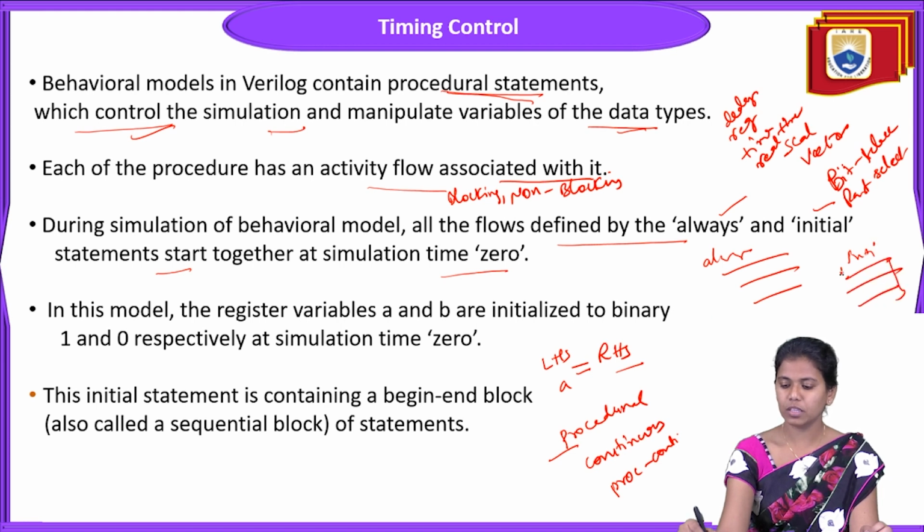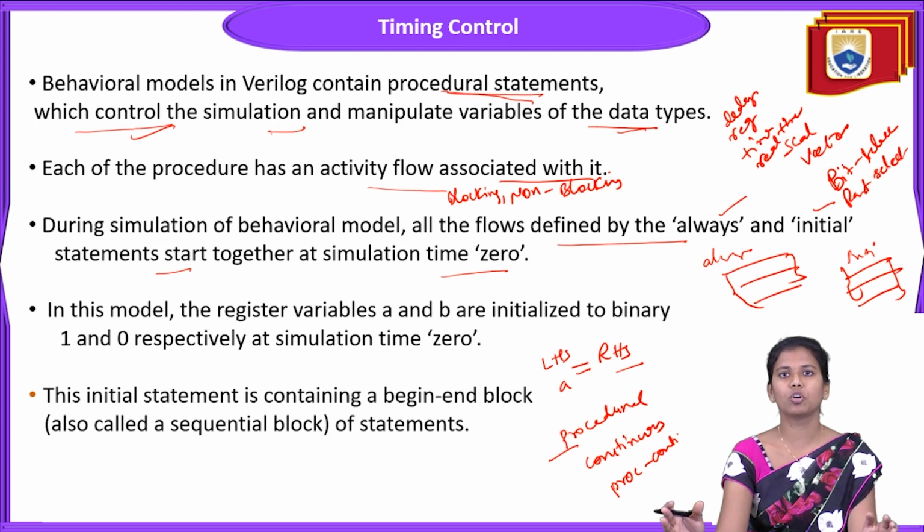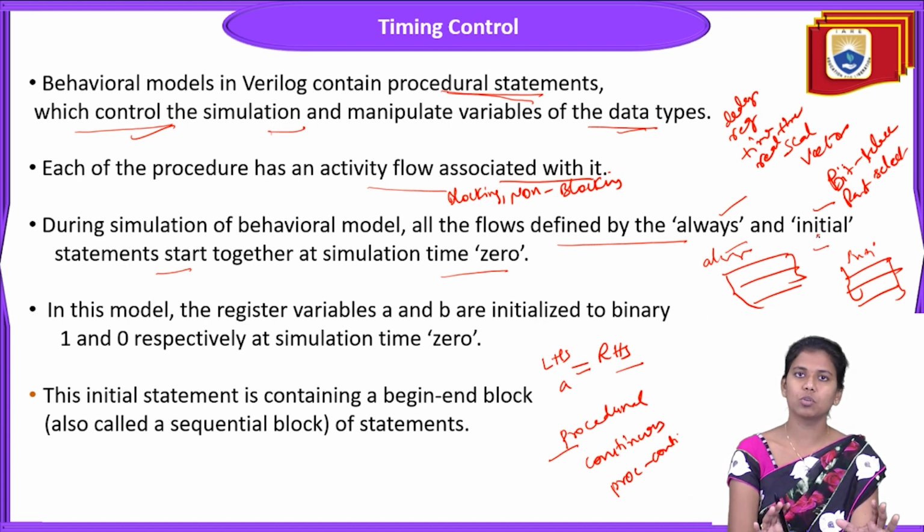In between these statements, we will see the variables, or the values placed onto the variables, and we will see the manipulations and the controlling of the things done only in these always and initial statements. The controlling of the devices, or of the outputs, can be seen only in these two.